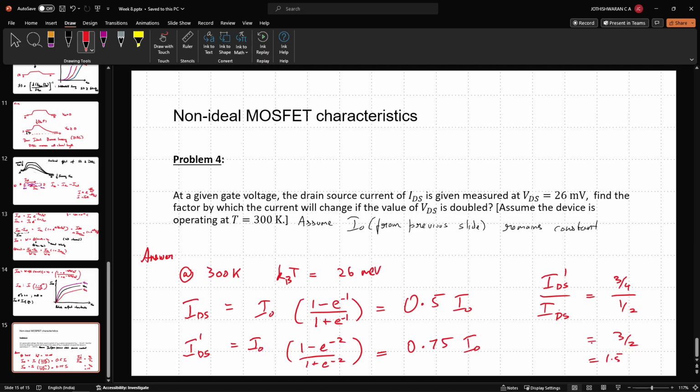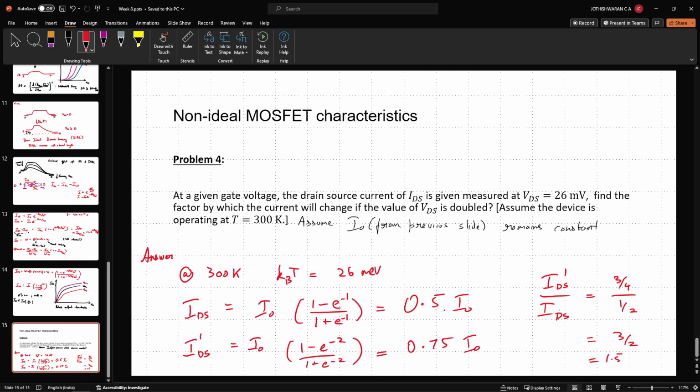Oh, sorry, it doesn't increase by 150%, it increases by 50%. It becomes 150% of the initial value. So it was 0.5 I naught, it becomes 0.75 I naught, approximately. This gives us a feel of how much the current in the channel increases when VDS is increased at a fixed VGS.